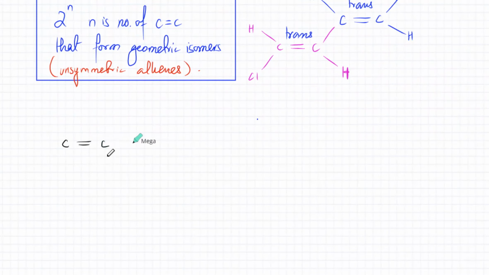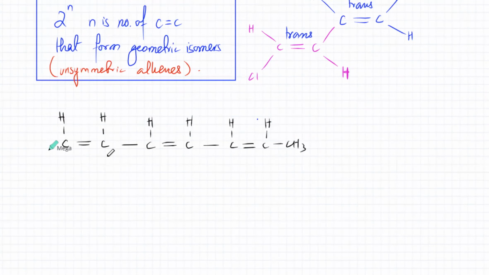So if I have a molecule and it's got 3 double bonds and all of them are making geometric isomers, let's say there's an H and there's a CH3, H and H, and you've got an H and you've got an H and Cl.